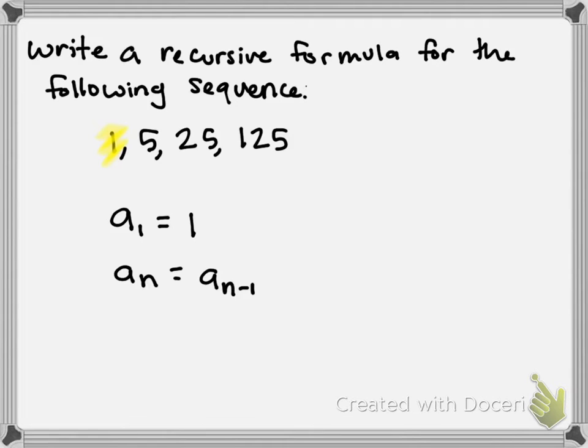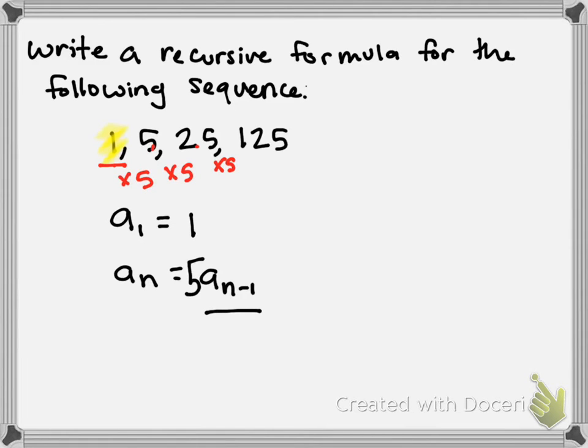And what am I going to do to that previous term? So if I start with 1, what do I do to 1 to get 5? Well, I multiply by 5. If I'm at 5, how do I get from 5 to 25? Multiply by 5. And 25 times 5 would get me 125. So I'm going to take the previous term, which is this a sub n minus 1. I'm going to multiply it by 5.